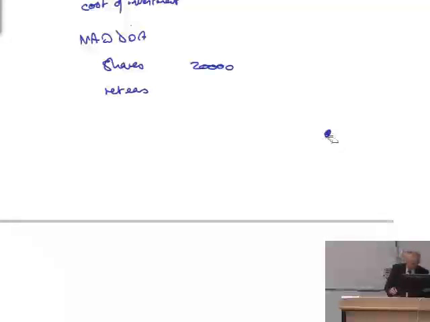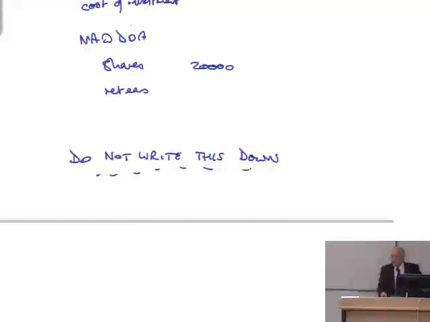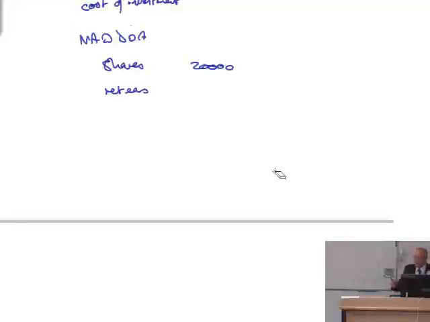And there was something where I particularly didn't want anyone to write it down. I said, because I knew what he was like, do not write this down. And I looked up and he's writing, do not write this down in his notes.